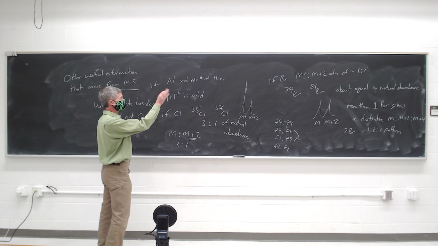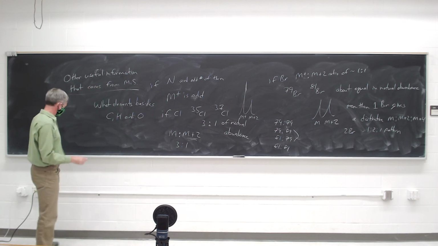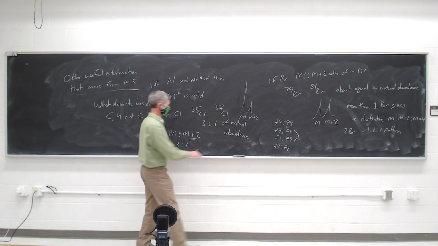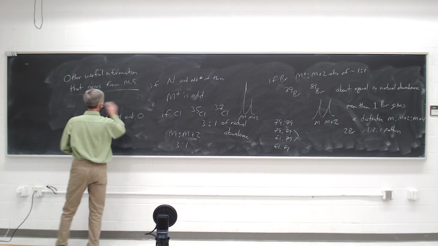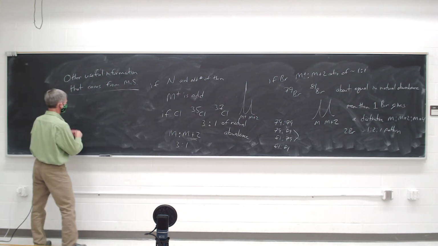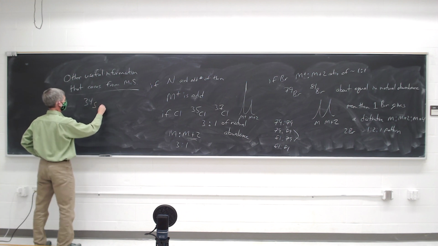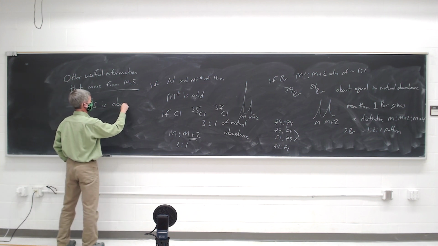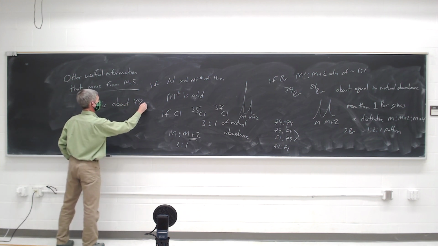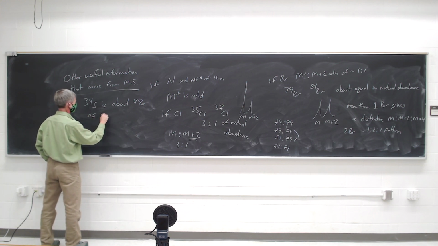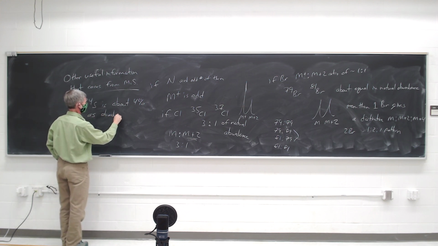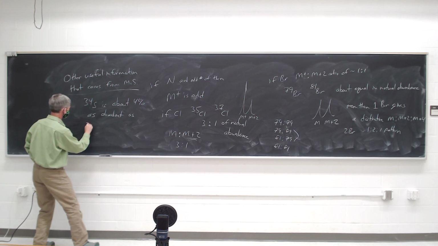The other place where looking at the M plus 2 can help you is if there's a sulfur in the molecule. 34S is about 4% as abundant as 32S.